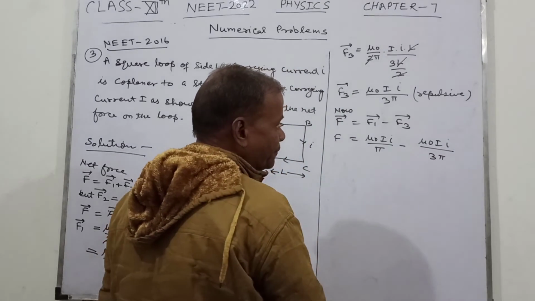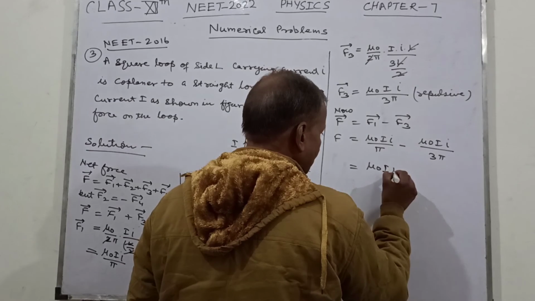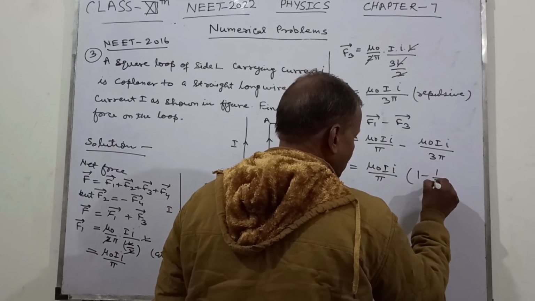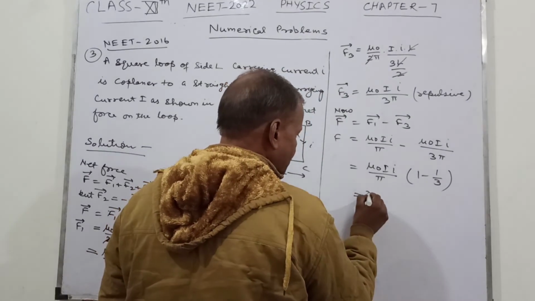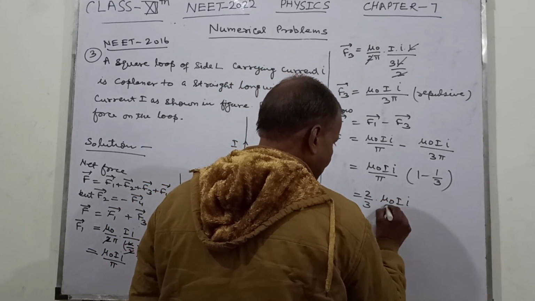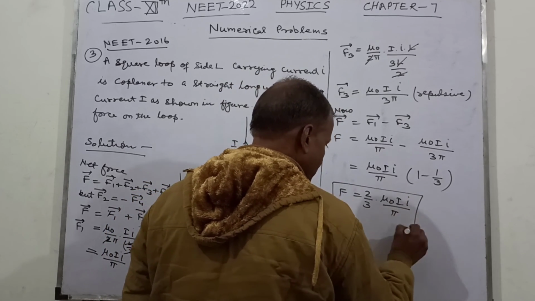This is equal to F. So now this is your mu naught I into I upon pi into 1 minus 1 by 3. So this is now your 2 by 3 mu naught I into I upon pi. This is now so much is the force.